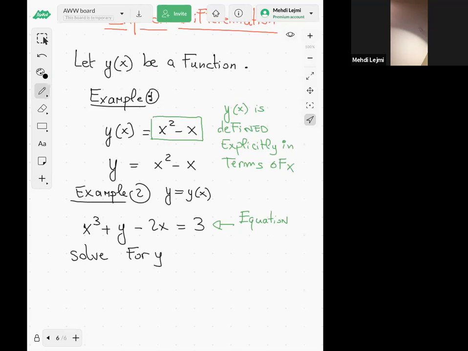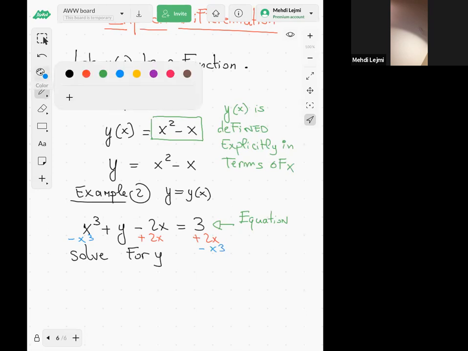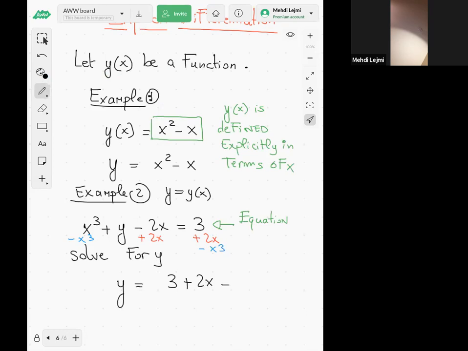So then your y would be equal to, you can add plus 2x here, and then you can subtract x cubed. So then y would be equal to 3 plus 2x minus x cubed. Here we succeeded in solving for y.